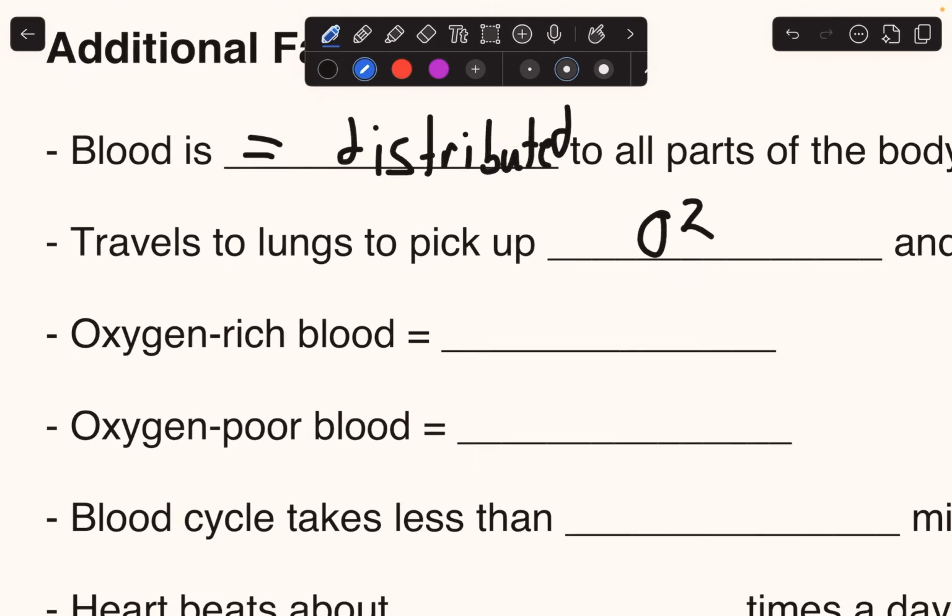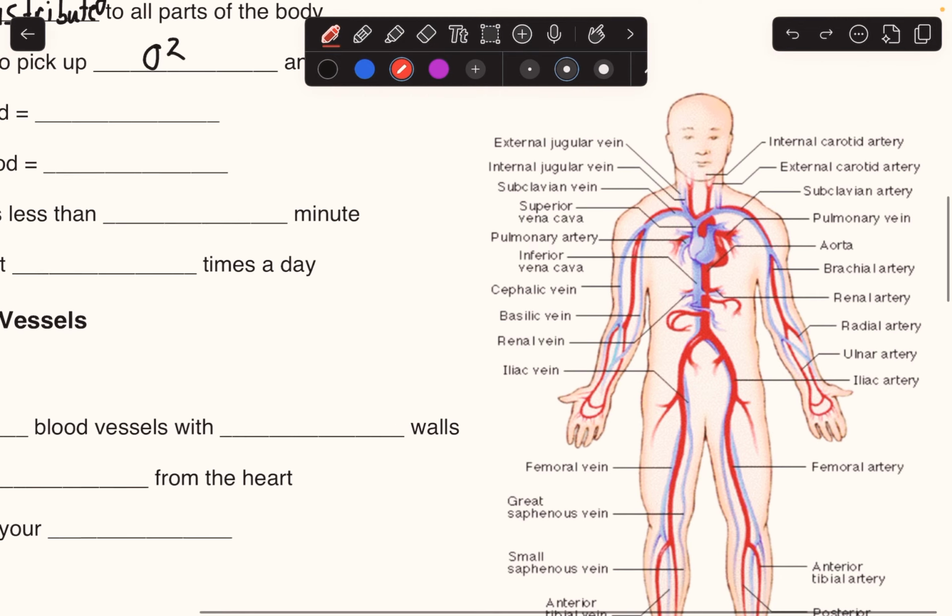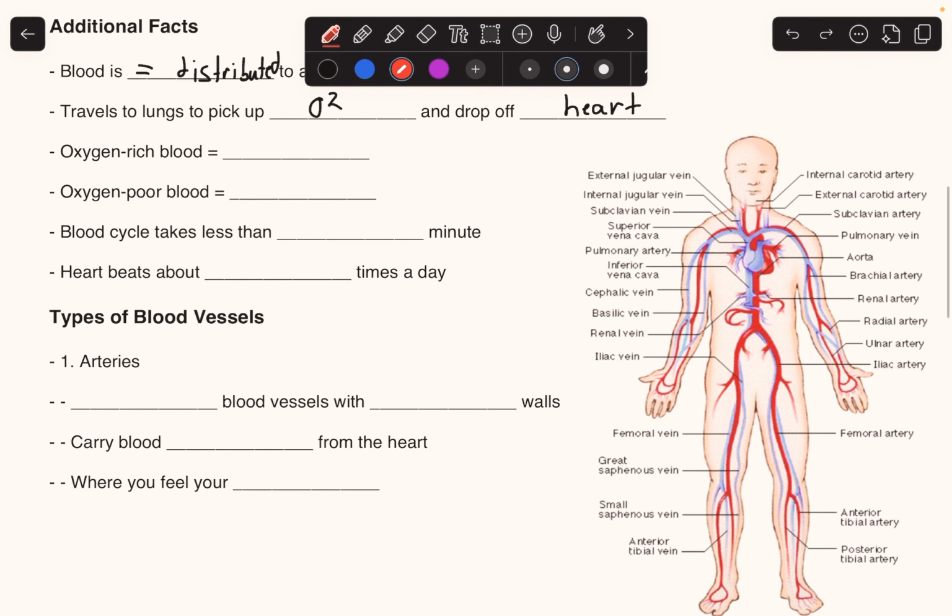You see these all are arteries that are taking oxygen-rich blood away from the heart to all parts of the body. And the blue is oxygen-poor blood, which means that blood has dropped off oxygen at all parts of the body.